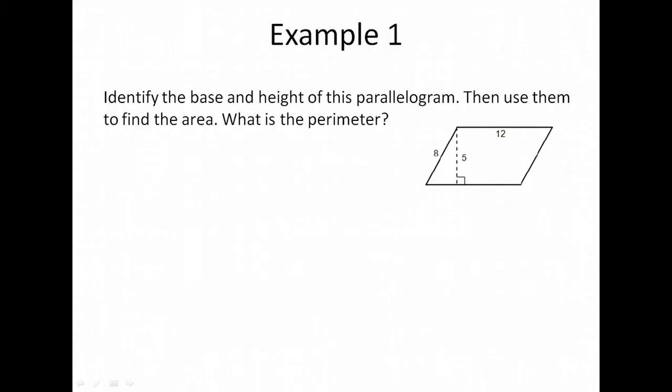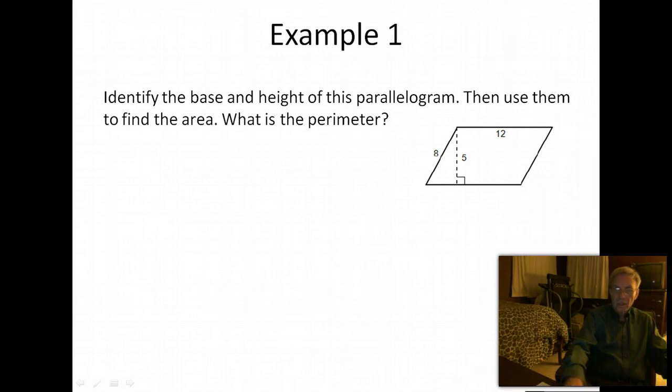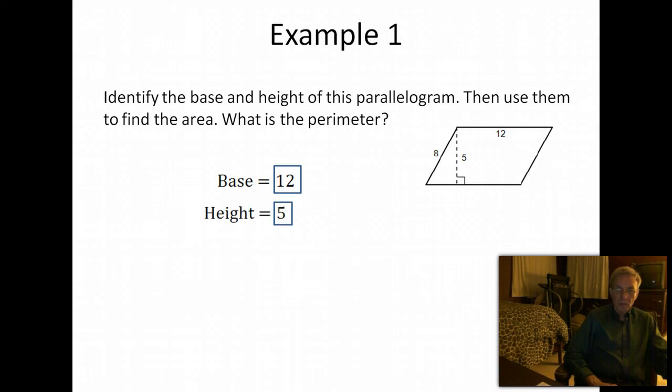Okay, let's look at example 1. They want us to identify the base and height of the parallelogram and then use them to find the area. And then once we've done that, they want us to find the perimeter. So the base here is equal to 12. The height is equal to 5.